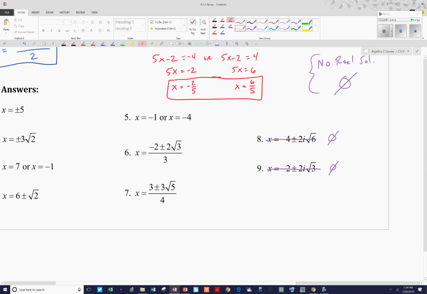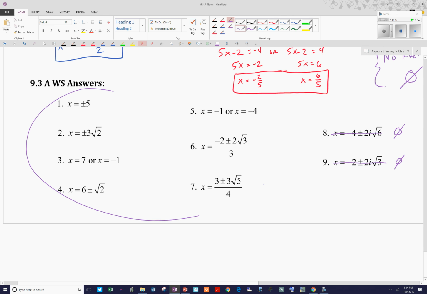So know that you don't have to worry about the imaginary number thing. That's something that we'll talk about at some point in time, but we're not going to worry about that right now. You can just say that there are no real solutions to problems 8 and 9. But all the rest of these answers are the correct answers for the problems that you have on your 9-question worksheet for 9.3a.